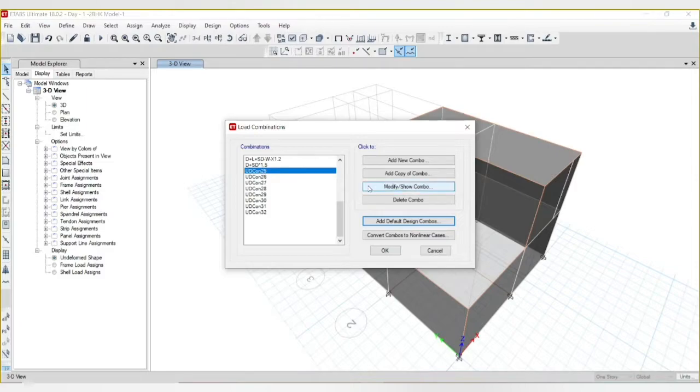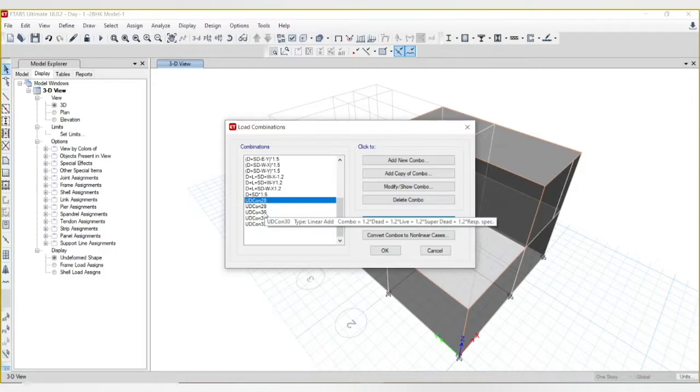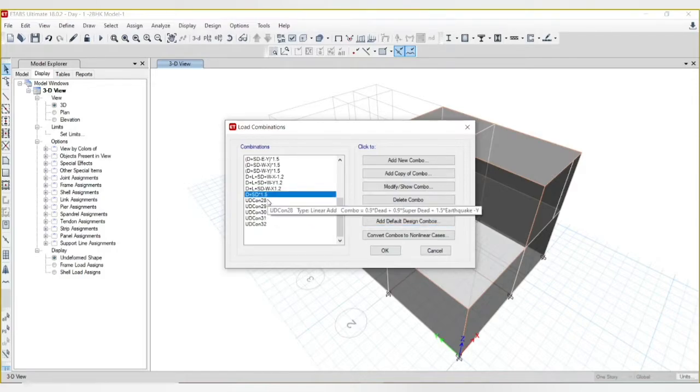So let us take these three combinations alone. 0.9 times dead load, 0.9 times super dead load, earthquake at X and Y. These combinations we have already considered. Delete, delete, delete. These three are the new combinations.